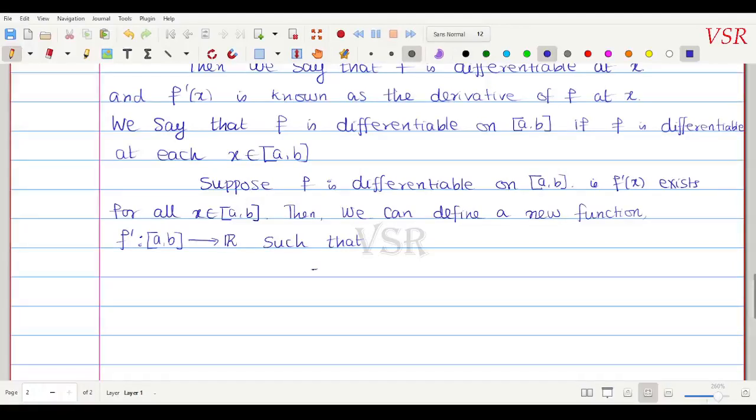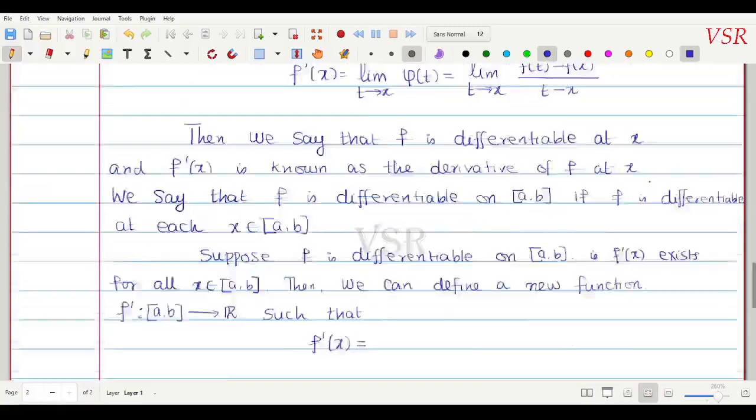What is f dash of x? For whichever x we give, we have found f dash of x. What is the formula for f dash of x? It is this.